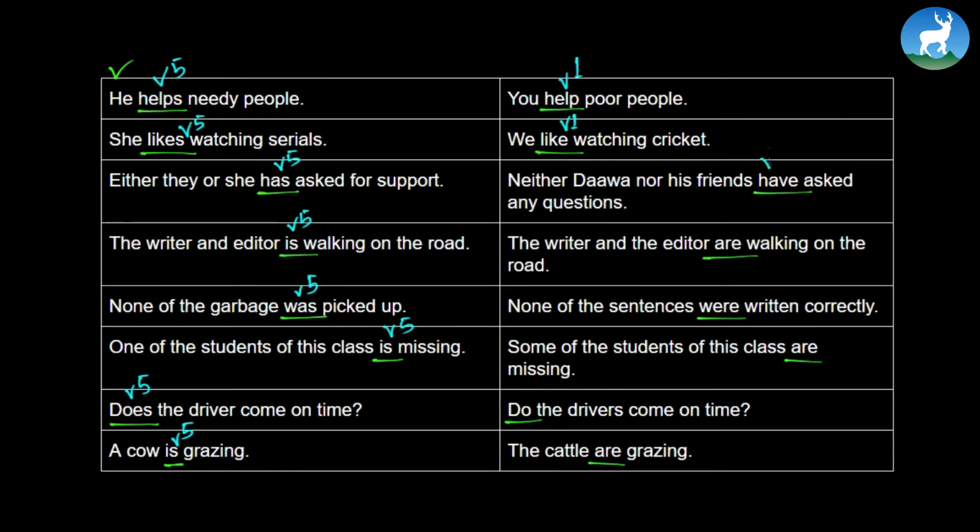There are many V1. These V5s are called singular verbs. What are they called? Verbs like has or is and was and other V5s, they are called singular verbs. While verbs like are, do, were, have and other V1s, they are called plural verbs.